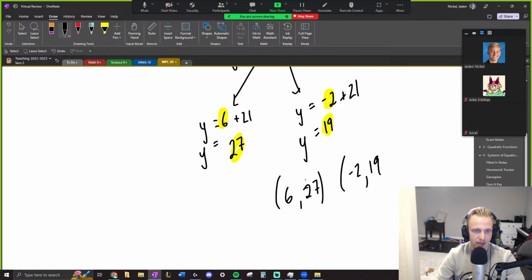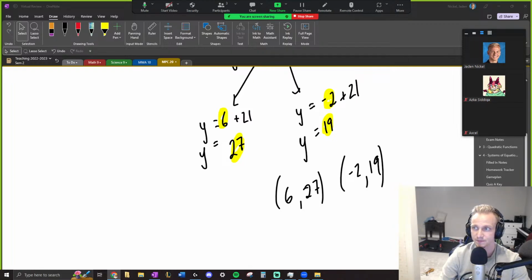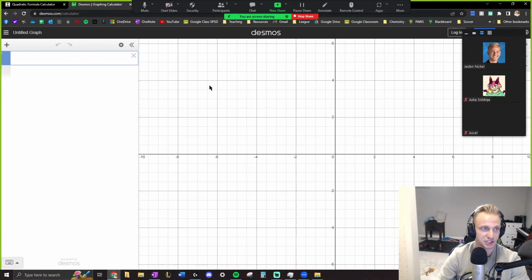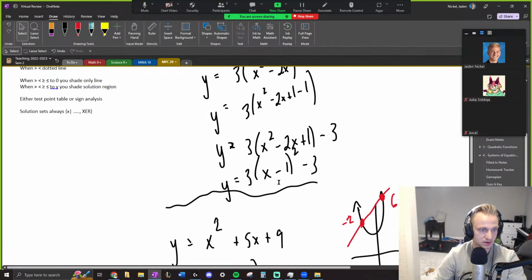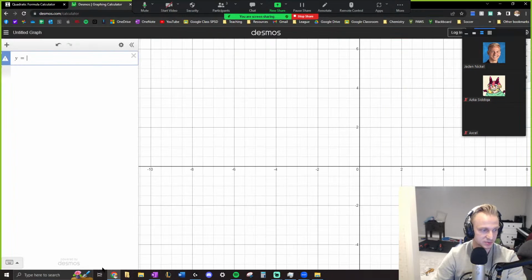And if I plug those two equations into Desmos, I should get the exact same answers. So one of those equations was y is equal to x squared plus 5x plus 9.